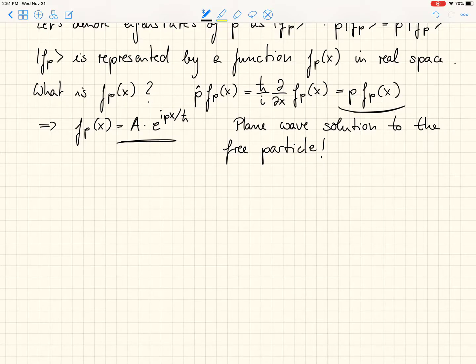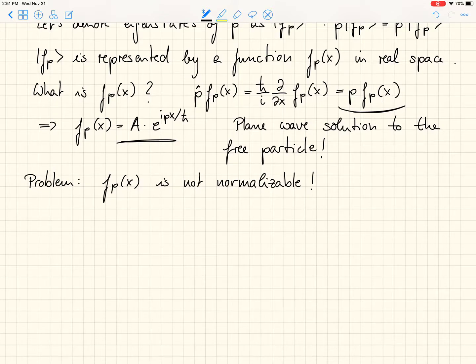They are eigenstates of the momentum operator. A problem with these states is they can't be normalized. And we've discussed this several times.